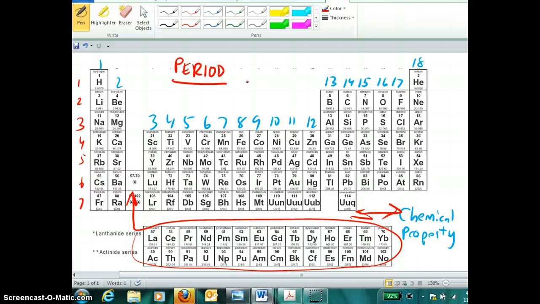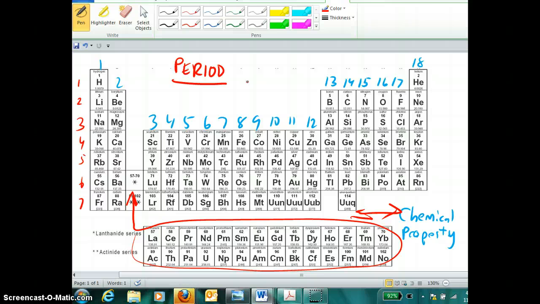A wave vibrating, oscillating up and down: one complete up and one complete down would be one period. The moon has a period as it revolves around the Earth. One complete rotation around our planet would be the period of the moon.